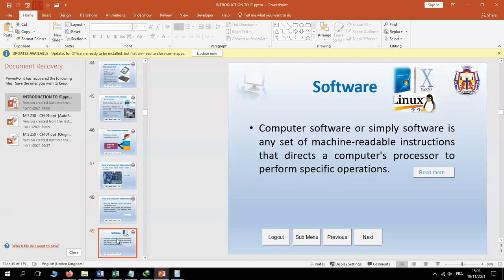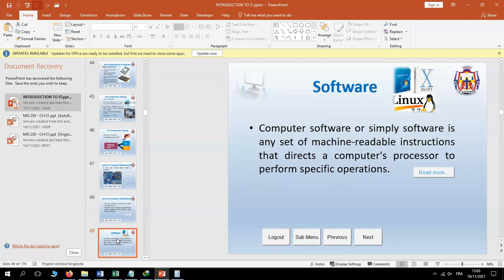when we talk about software, it is the instructions that direct the computer's processor on what to do and how to do it. Okay, that is software. It is intangible. You can't see software. You can, for example, touch a CD on which software is saved. You can touch a flash disk on which software is saved.